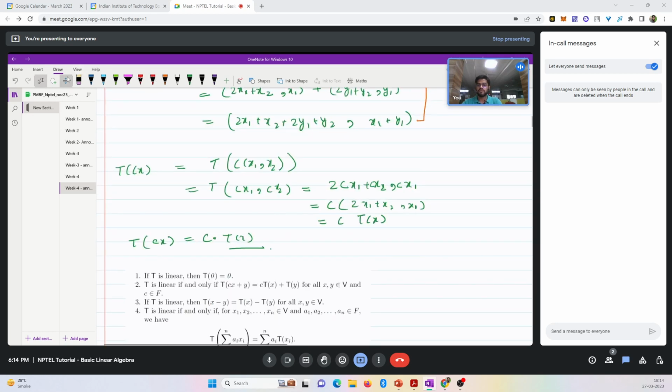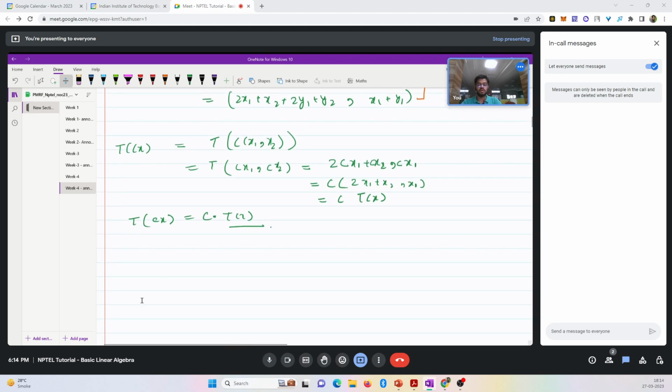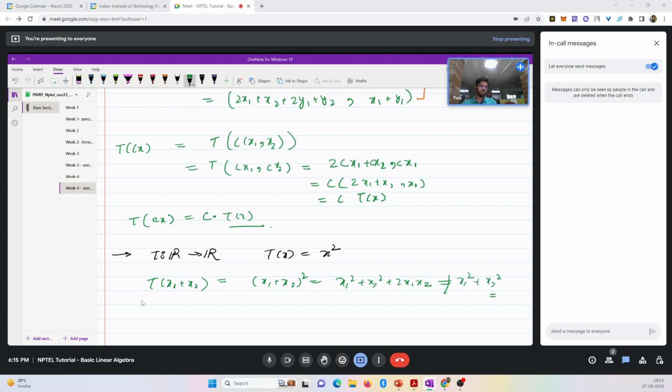Before moving forward, let's see an example which is not a linear transformation. Let's say we define a function from R to R, and T of x is given by x squared. Now T of x1 plus x2 is equal to x1 plus x2 whole squared, which is x1 squared plus x2 squared plus 2x1x2, which is not always equal to x1 squared plus x2 squared, which is T of x1 plus T of x2.